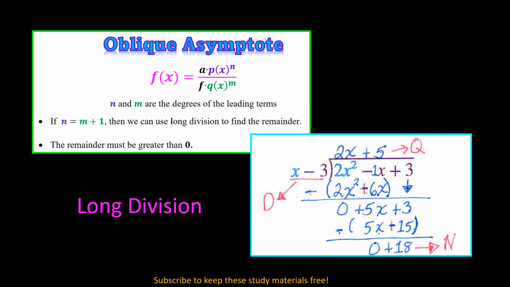Then we know we have an oblique asymptote. And how do we find that? We just use long division. Now, if we have a remainder of 0 after we go through that long division, then we know we don't have an oblique or slanted asymptote.